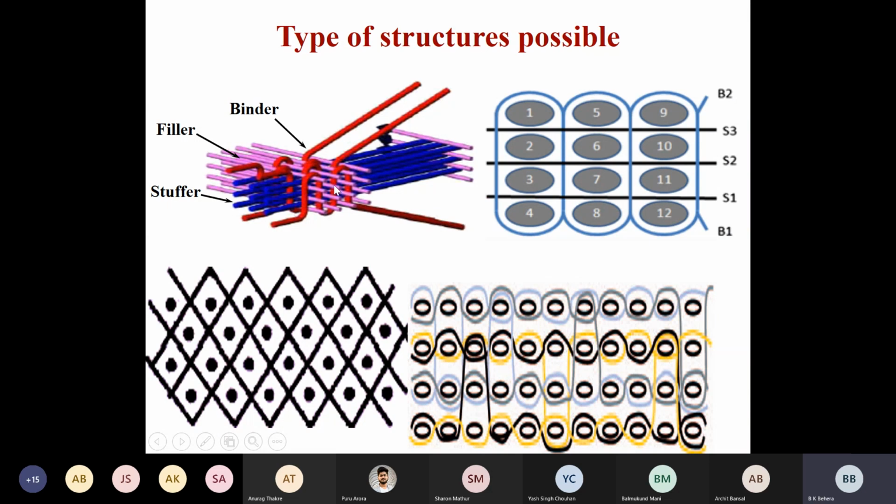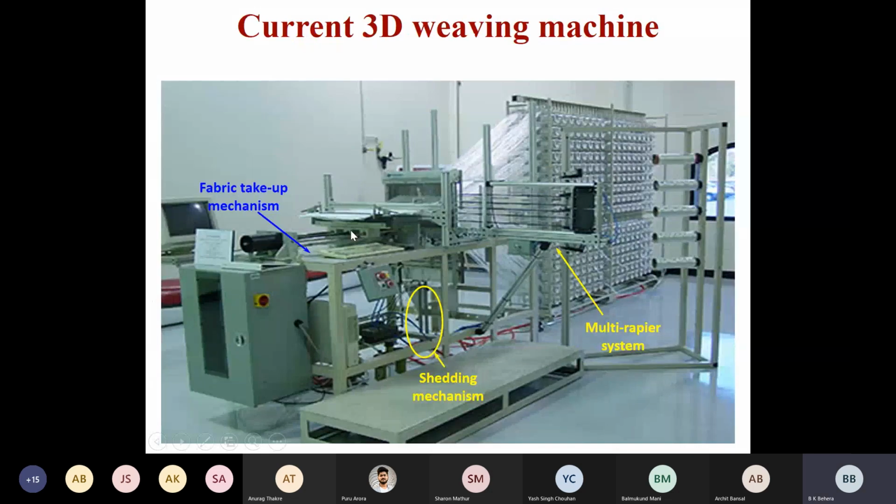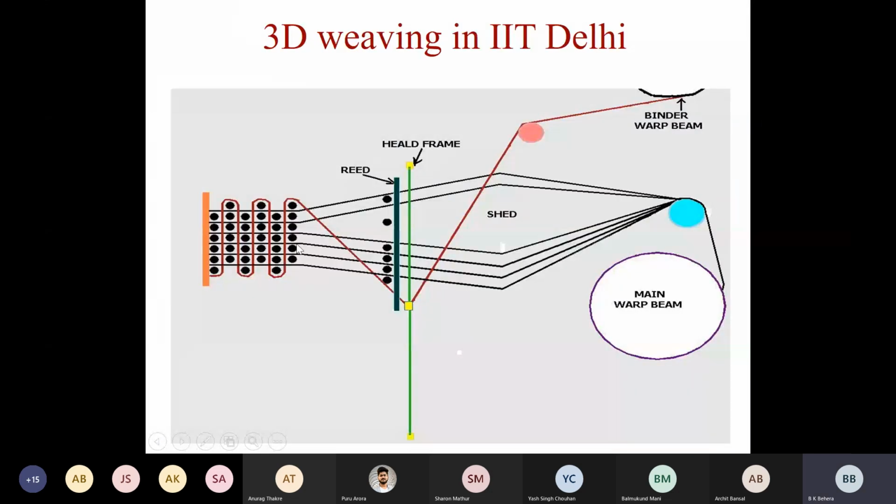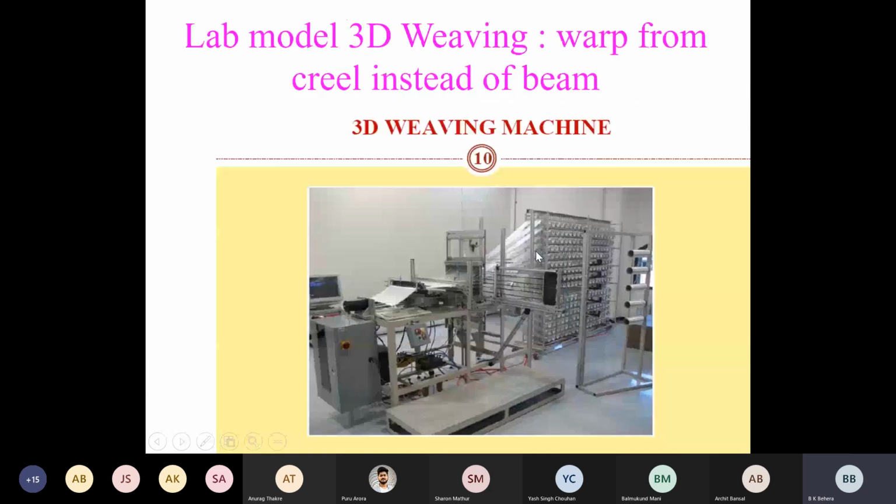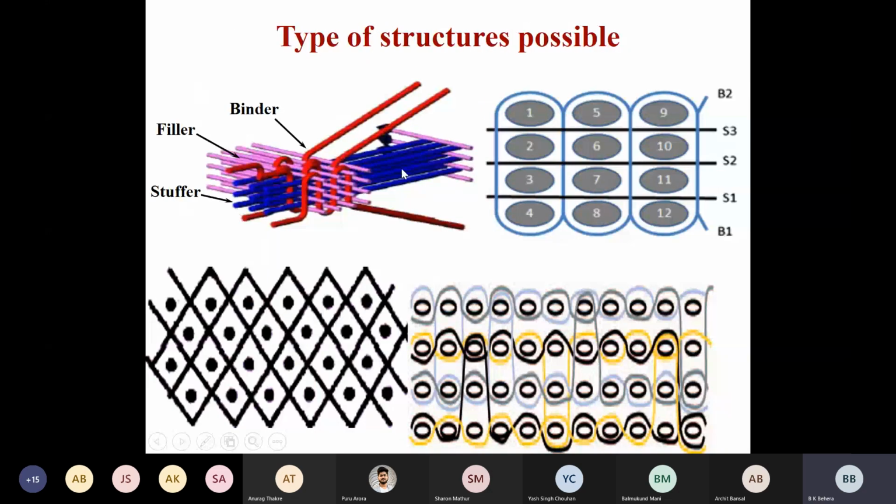Filler is nothing but weft yarn. So what you have seen here is weft yarn is filler. This maroon color is binder warp, and this black color is stuffer warp. Okay, and in fabric form you will get exactly this shape: binder warp, stuffer warp, and filler, meaning weft yarn. And the structure is shown in this manner.